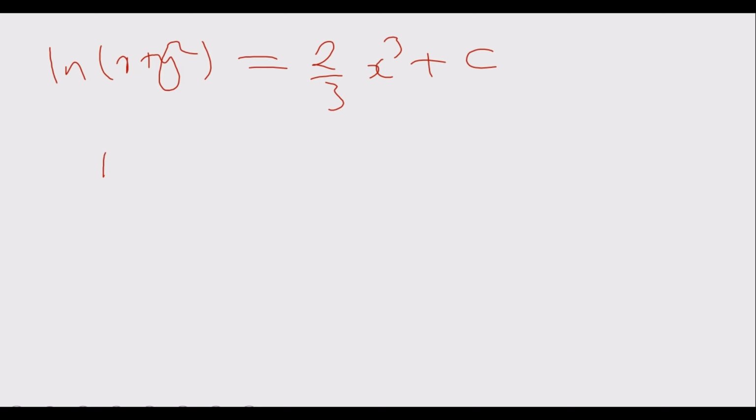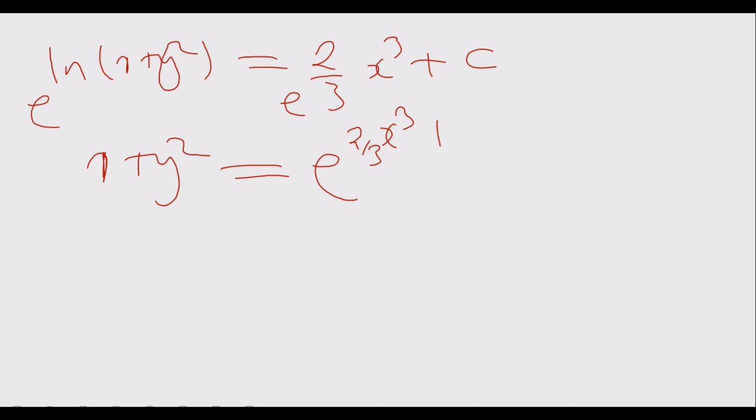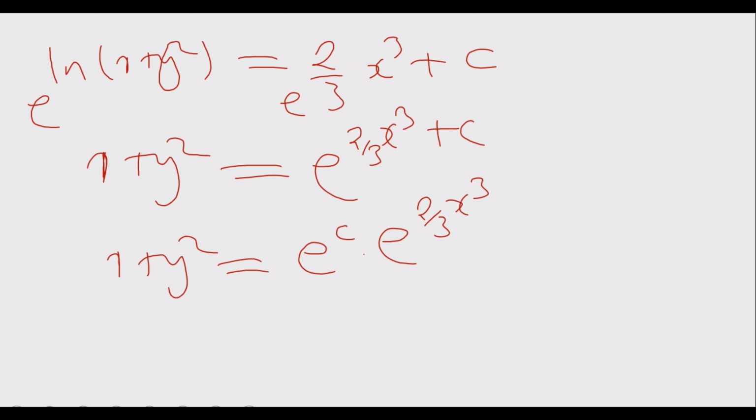So the left hand side becomes 1 plus y squared is equal to, once we introduce an exponential, exponential of 2 over 3 x to the power 3 plus a constant. Then we have 1 plus y squared equals exponential of the constant multiplied by exponential of 2 over 3 x to the power 3.